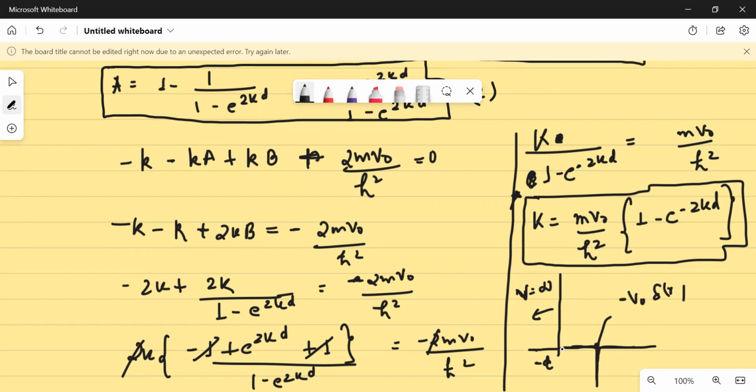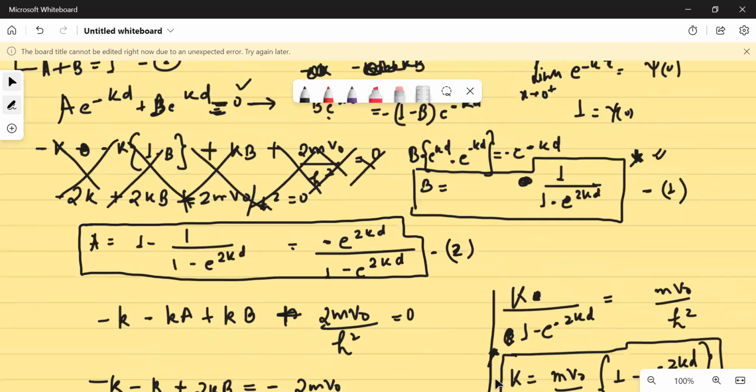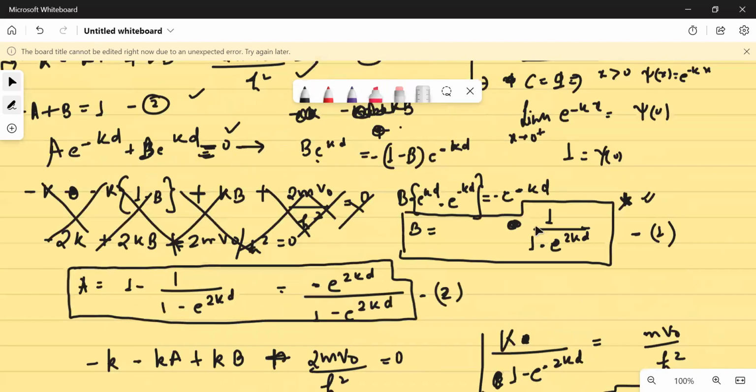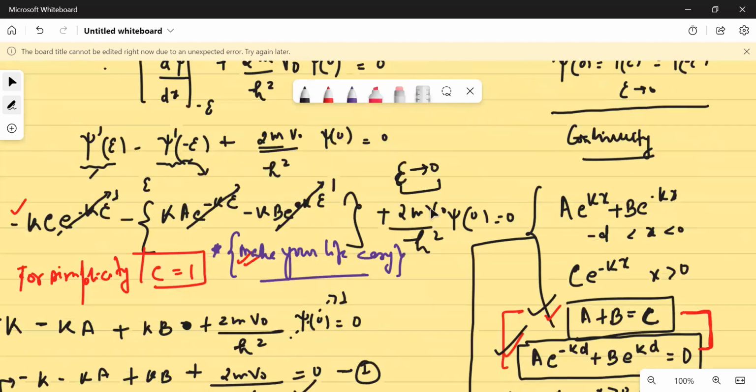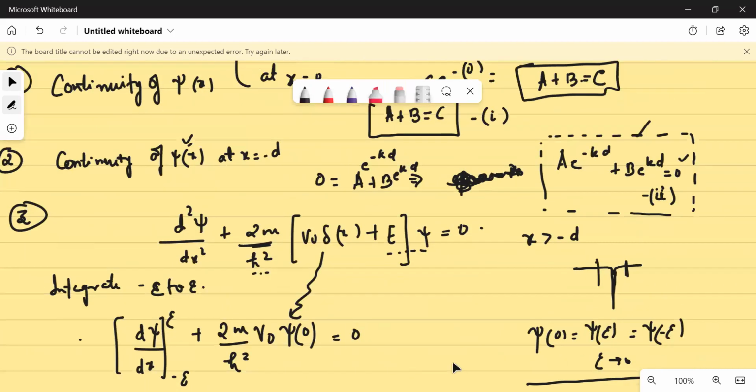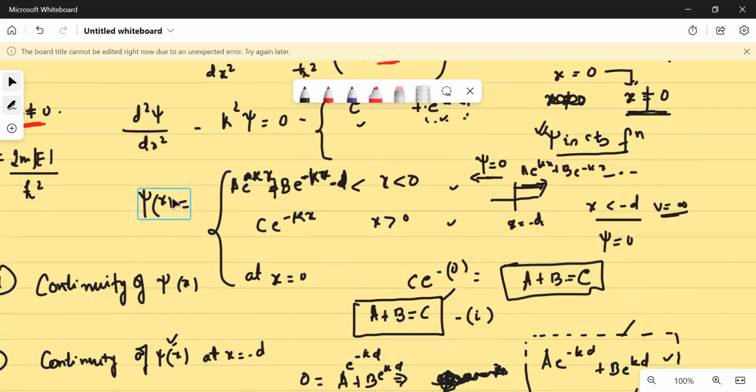It is at a distance of d from the wall, and at x equal to minus d, this wall represents an infinite potential. So you have an infinite potential here. Your psi is 0. So we've got till now the solutions of A, B, and k, and the wave function was this. So just remember, okay, here it is. Okay, so we are going to do it in the next session.